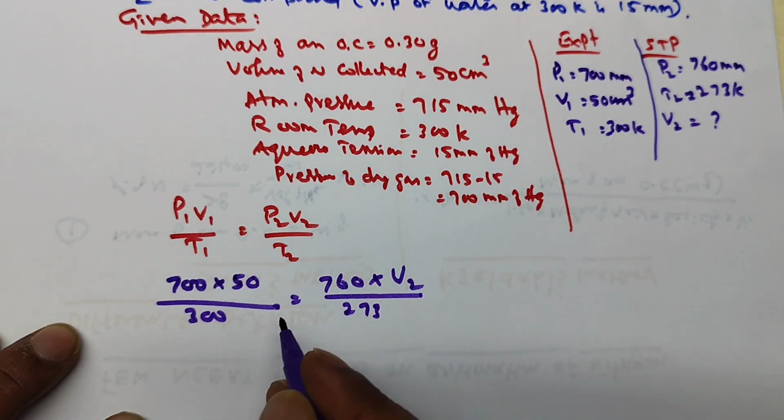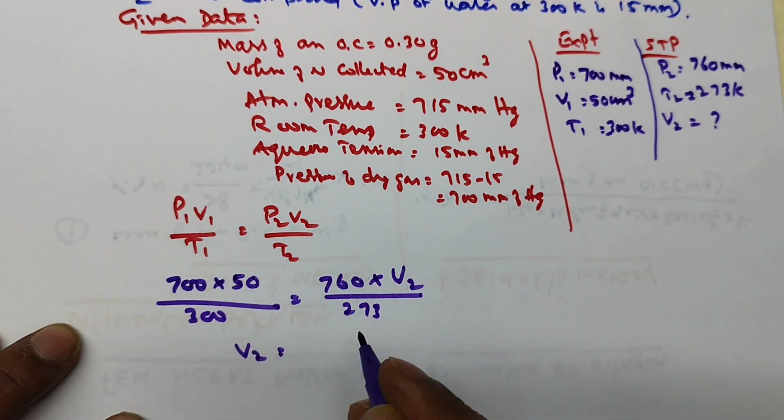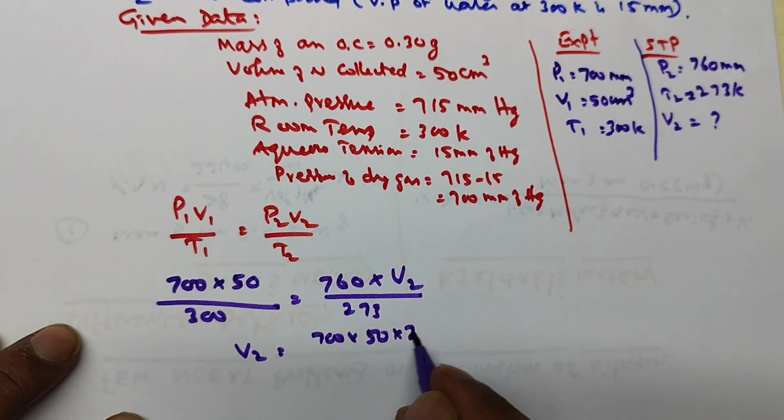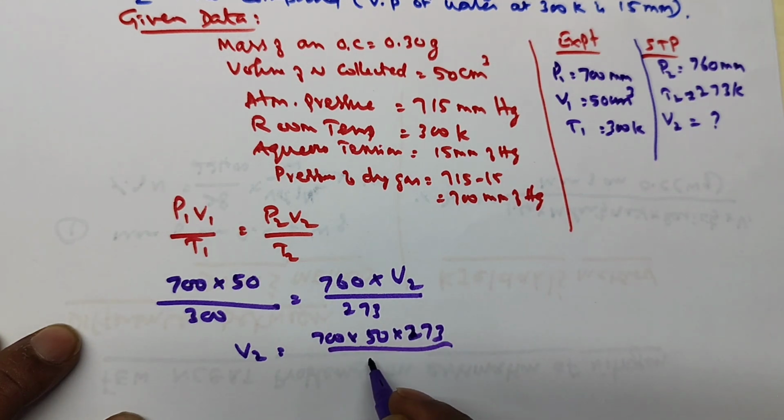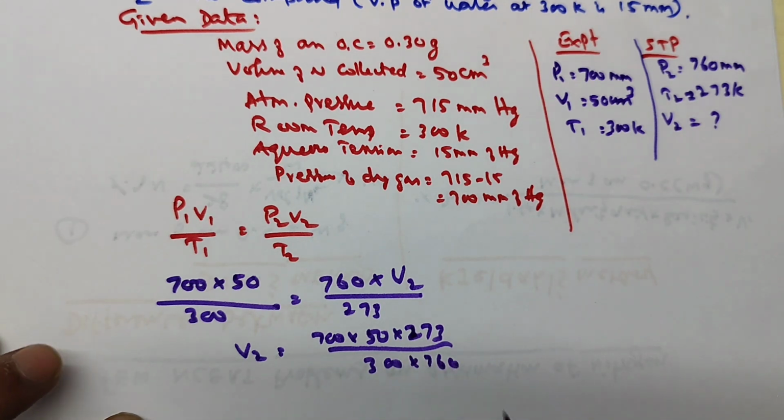Do the cross multiplication. V2 is equal to 700 into 50 into 273 divided by 300 into 760.